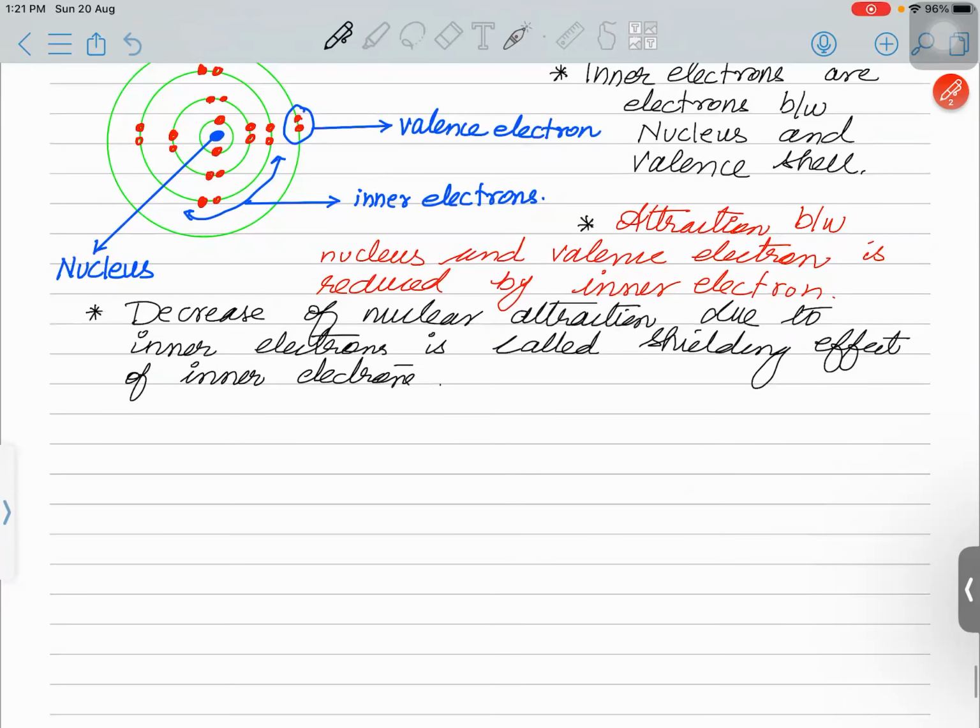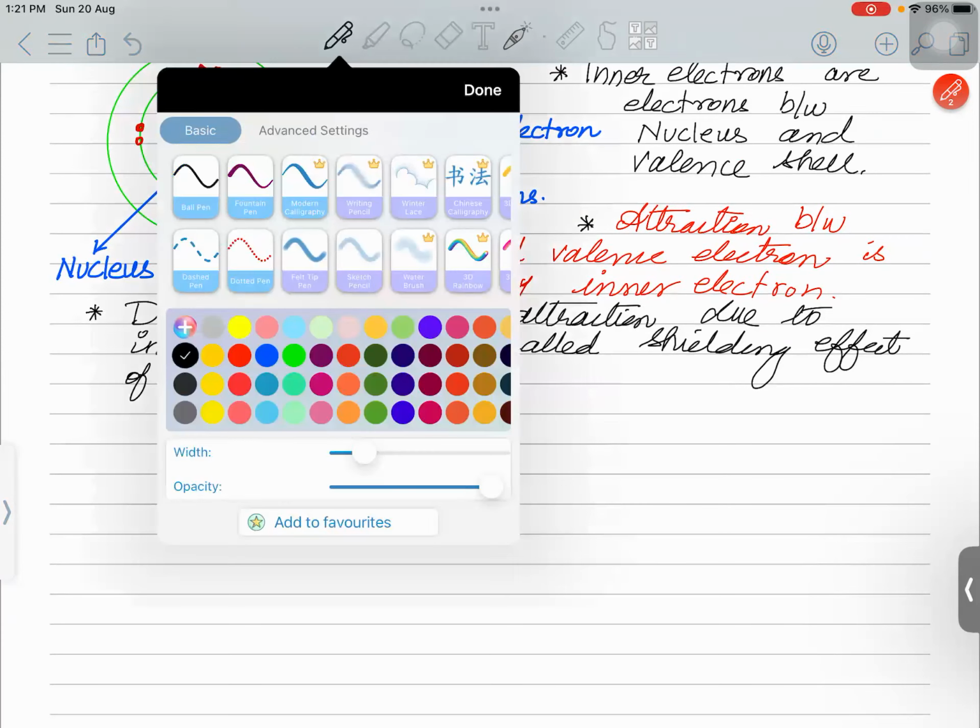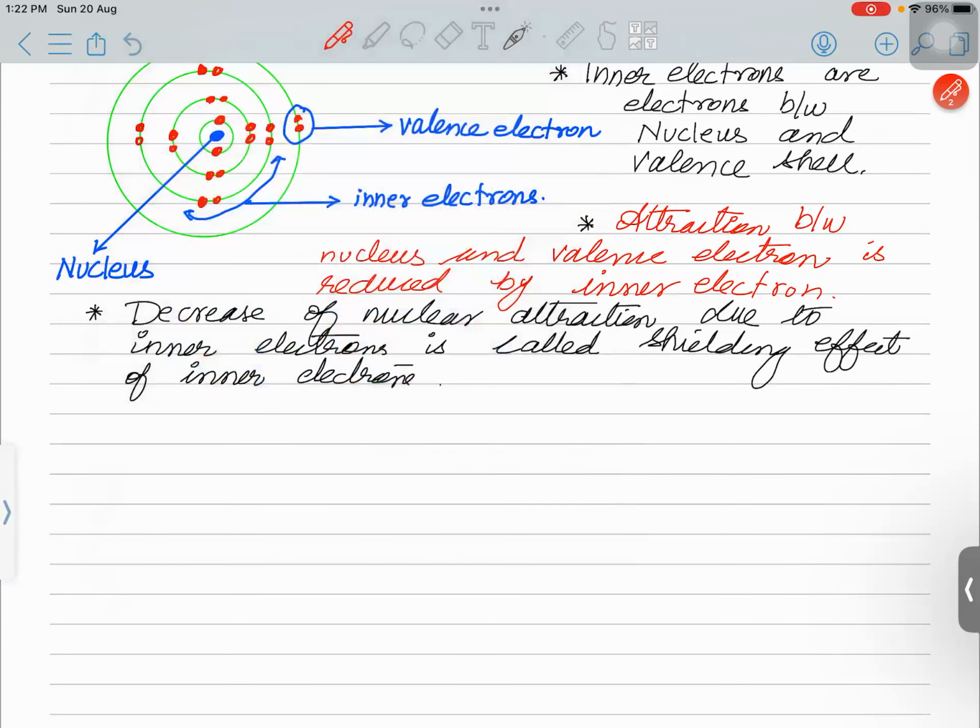So what is the role of shielding? Does it increase or decrease the ionization energy? Decreases, exactly.